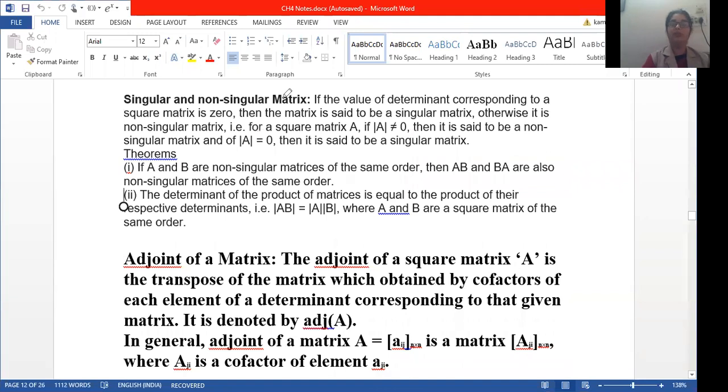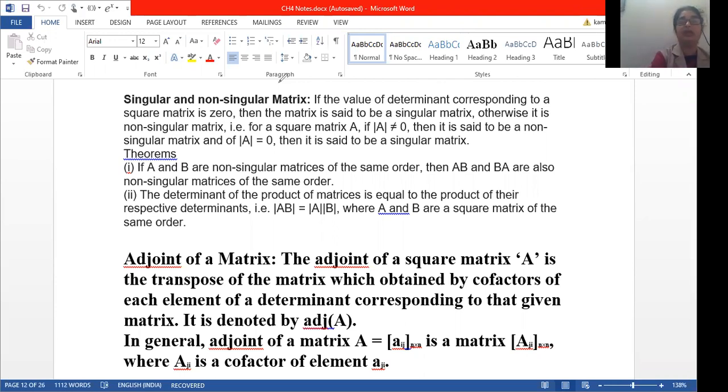Before starting the next thing, you should know what is singular and non-singular matrix. When we were doing types of matrices, I told you that matrices are of different types, including singular and non-singular matrices, and that when we do determinants, I will explain the meaning.